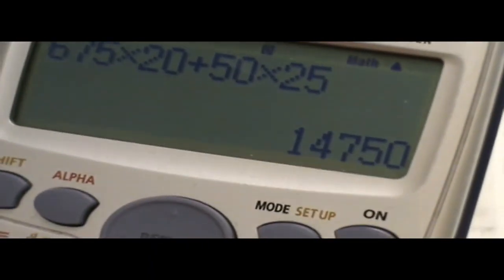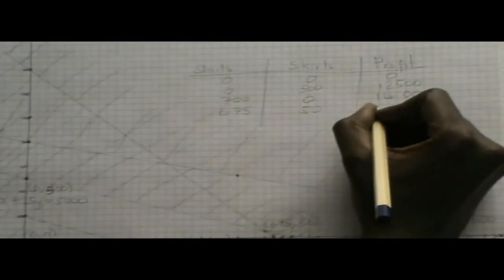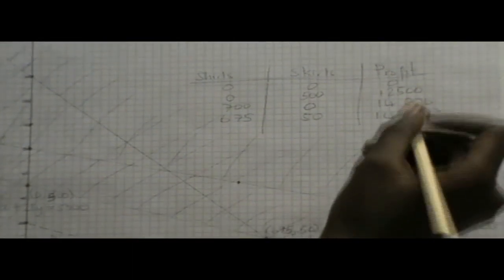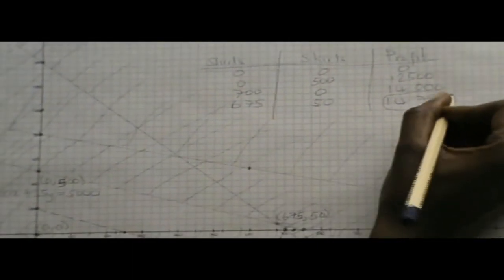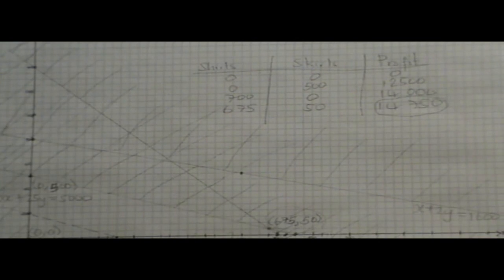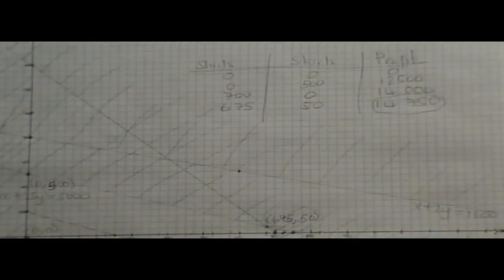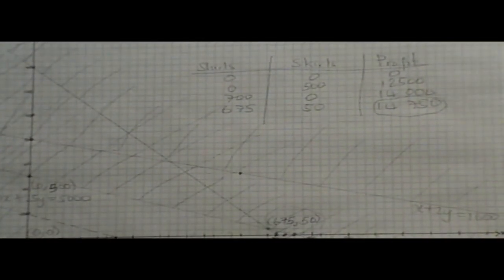You can see I have 14,750, which is bigger than all the others. So this is how I can maximize my profit, and it is indeed a vertex point. You can pick any other point, and you will see that this 14,750 is indeed the maximum value that you can possibly get.